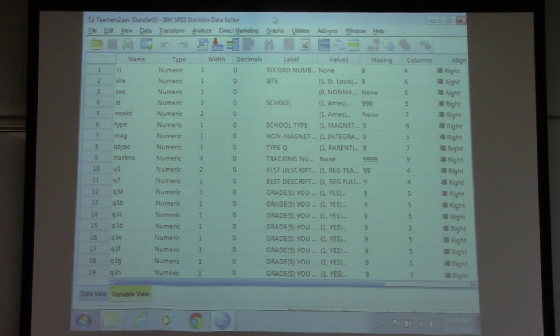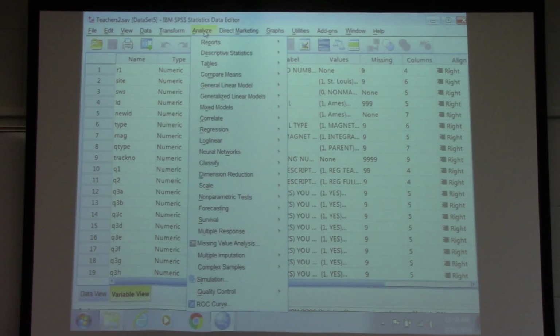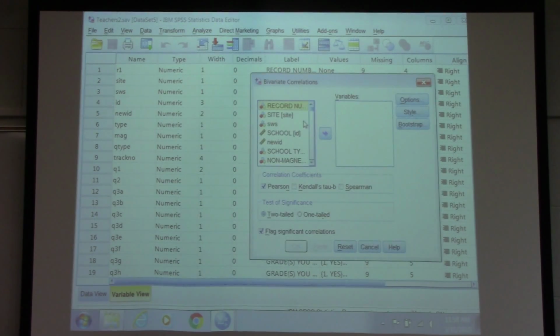So I'm going to go up to Analyze, and now I'm in a correlational research design, so I scroll down to Correlate, and I see Bivariate, and I click on it, because I've got 2 variables. So now I need to find those 2 variables. I'm going to scroll down towards the bottom first and then work my way back up, and I see commitment.